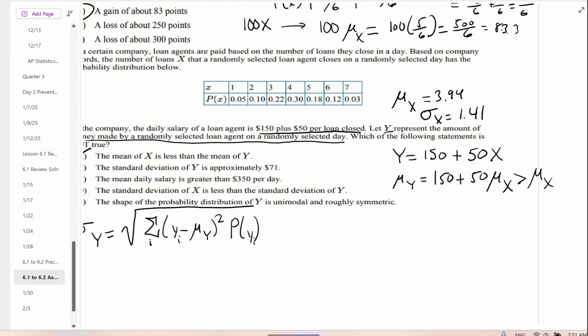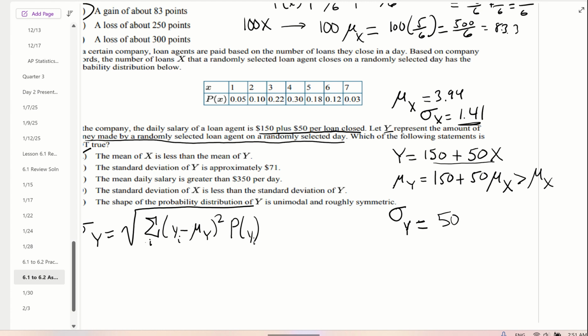All right, so once we know mu x and sigma x, we can find mu y and sigma y. So let's see if part B is right. The standard deviation of y is approximately 71. Since we know the standard deviation of x is 1.41, and we know the transformation, rather than using this formula, we just have to multiply by 50.